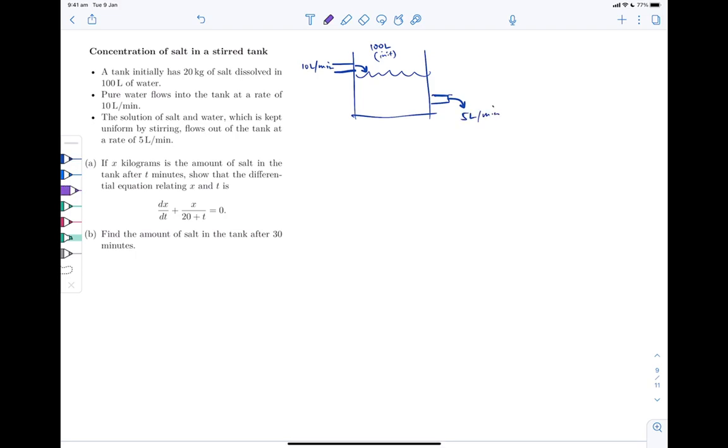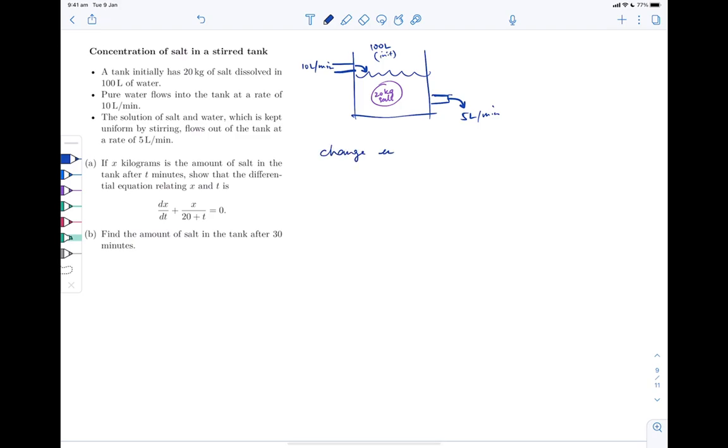As far as salt goes, well, we've got 20 kilograms of salt, right, dispersed amongst all that water, and it's kept uniform by stirring. Okay, so we're being asked to find something about the rate of change of salt over time.